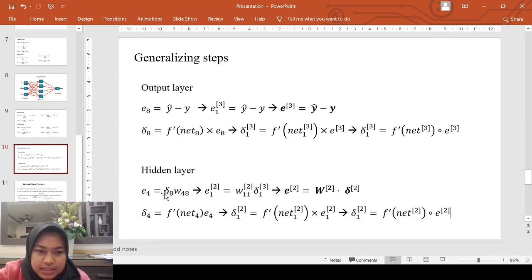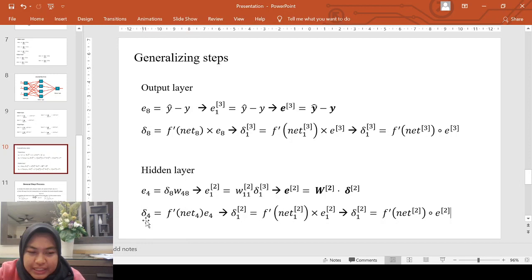Same as the hidden layer, E4 is delta 8 W48, which is E1 of the second layer, equal to W11 of the second layer and delta 1 of the third layer. So we generalize this: E of the second layer is equal to the weight of the second layer times the delta of the third layer.